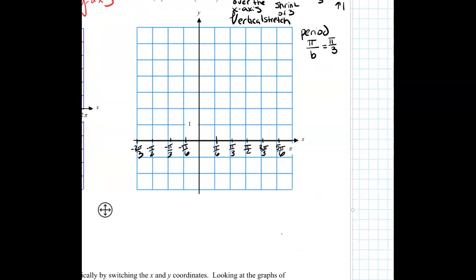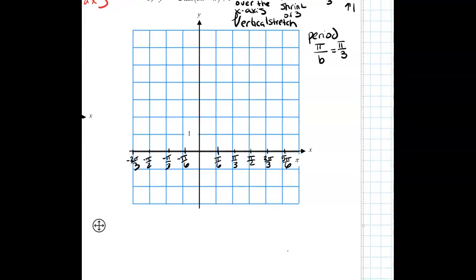Alright, now that this is readjusted, remember that my period is now pi over 3. Also remember that tangent is centered before and after the y-axis. So my asymptotes for tangent are going to be at pi over 6 and negative pi over 6. I know I said those out of order, but I'm marking both of them, so that my entire period is 2 pi over 6, otherwise known as pi over 3.